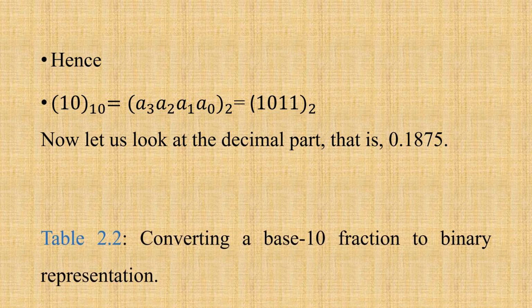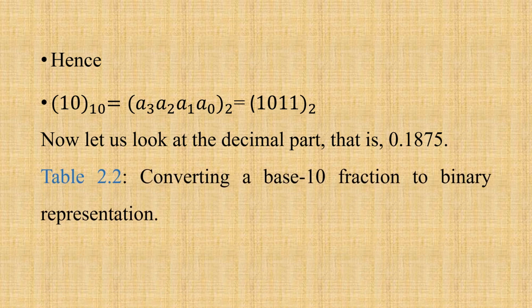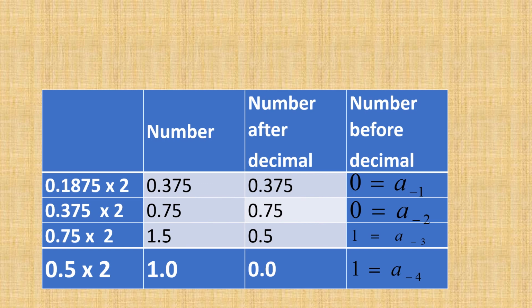0.1875. Table 2.2, converting a base 10 fraction to binary representation. 0.1875 times 2 equals 0.375. Here the number after the decimal is 0.375, and since there is 0 before the decimal point, the number before the decimal point is 0, which will be recorded as A_-1. 0.375 times 2 equals 0.75.